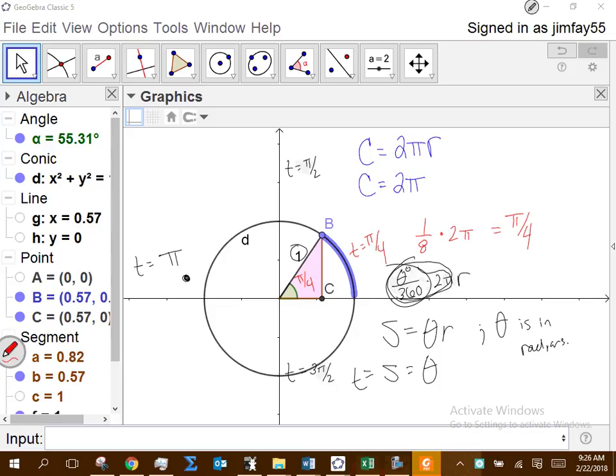Okay, does that make sense? Now, what's nice about that is if I can learn that for the unit circle, we can use that information to learn anything about other circles and other triangles, essentially, that are attached to those circles. Okay. Is everybody all right with that?